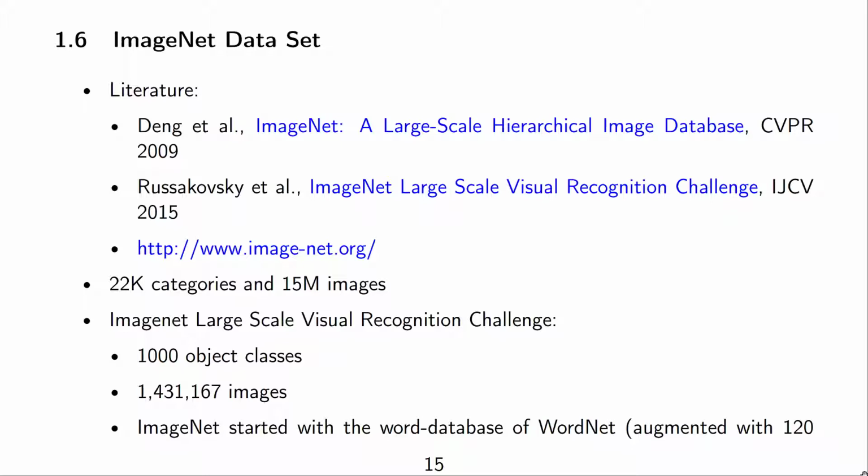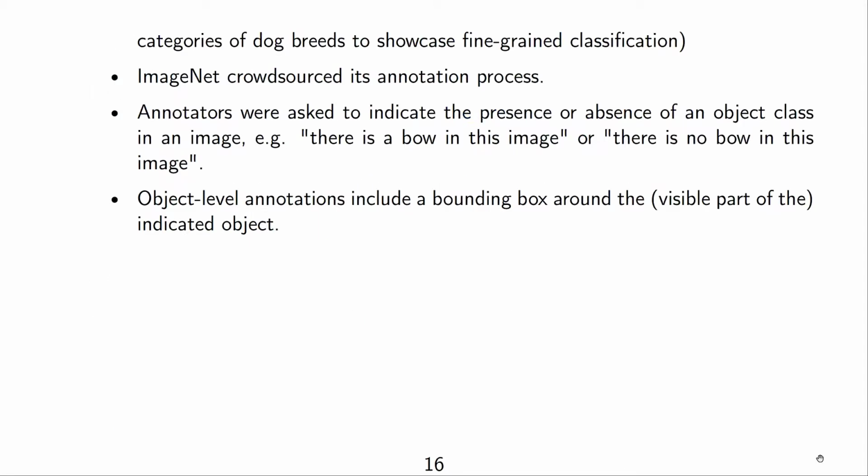And then there's the danger that your idea about what classes you come up with might be heavily biased. So what Imagenet actually did is they started with this WordNet database, augmented with 120 categories of dog breeds for showcasing fine-grained classification.